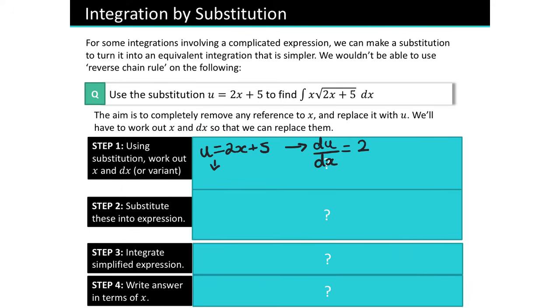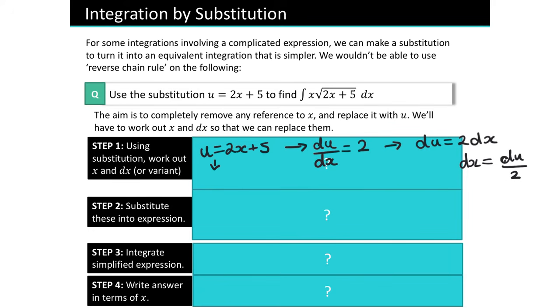So step 1, we differentiate one thing. Step 2, we rearrange. You need to rearrange 2 things. You're going to rearrange this to have it in terms of dx. So I get du equals 2 dx, so dx equals du over 2.